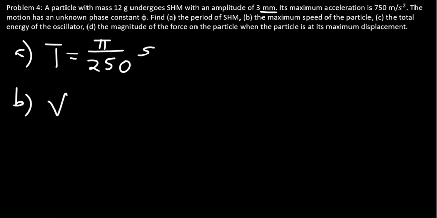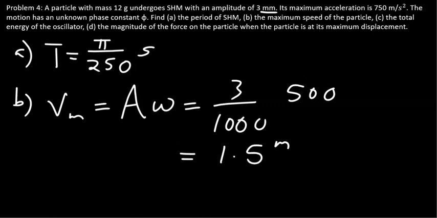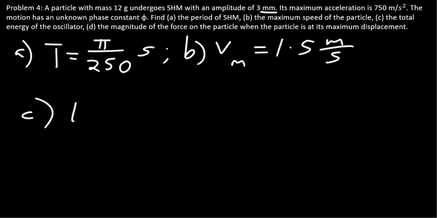Now let's do maximum speed. Maximum speed is given by the product of the amplitude and angular frequency. The amplitude is 3 millimeters. Convert that into meter, and omega was found initially to be 500 radian per second, and you will get 1.5 meter per second for the maximum speed. The total energy of the oscillator can be determined by using the maximum speed.